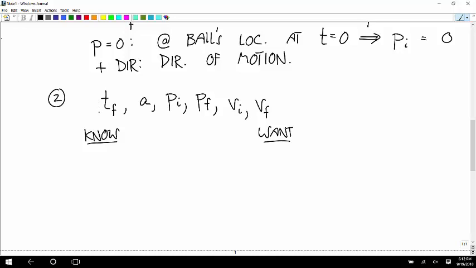Do we know how much time has elapsed at T final? Yes. So T final is 0.8 seconds. Do we know the acceleration? Nope, that's what we're asked for. Do we know P initial? Yep, that's 0. Do we know P final?